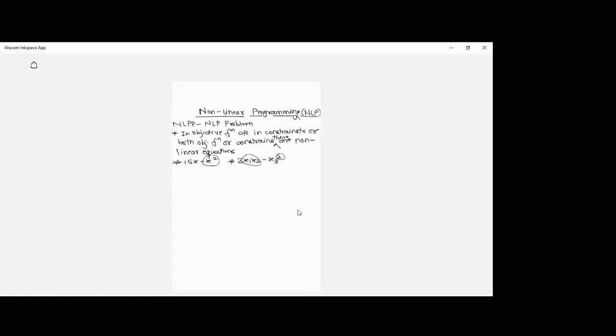So non-linear equations are either present in the constraints, or your objective function in itself is a non-linear equation. For that particular problem we call it a non-linear programming problem, right?